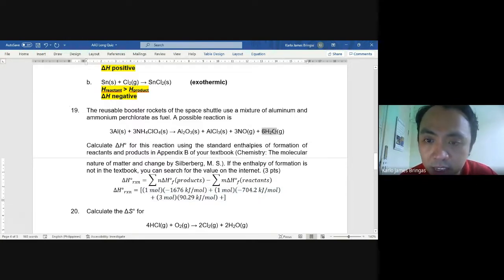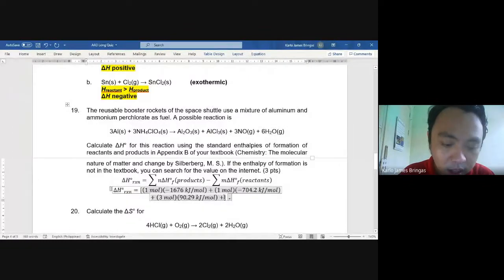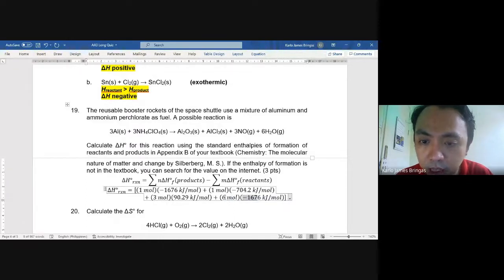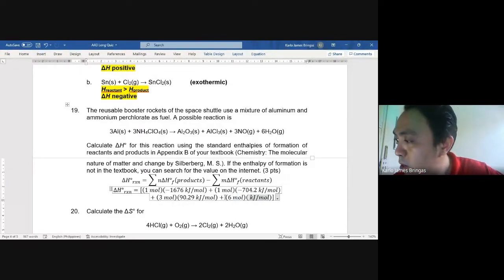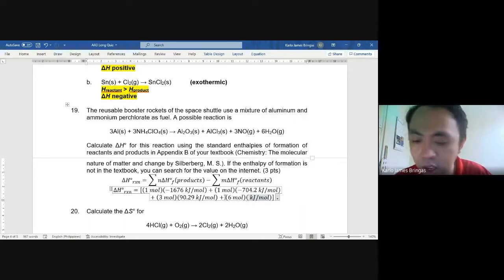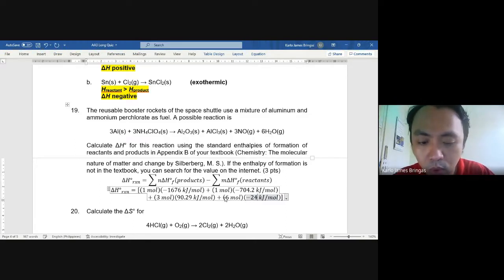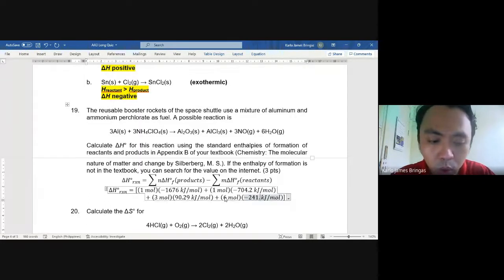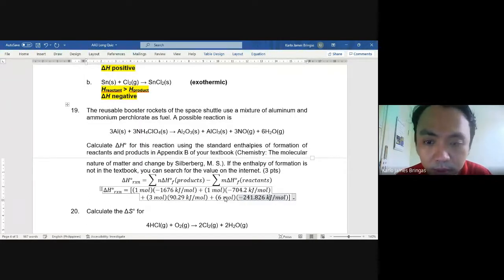Its coefficient is 6. So I then type 6 moles of the water gas times its heat of formation. So for the water gas, I have a heat of formation equal to negative 241.826. So that takes care of all our products.